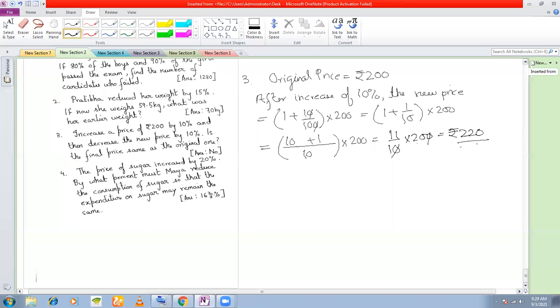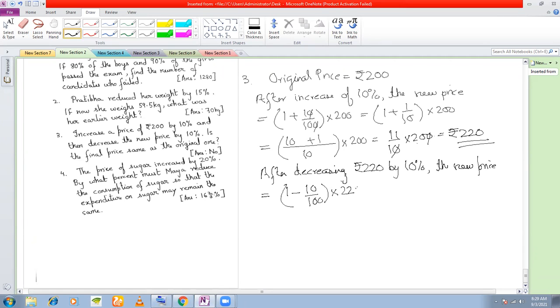Now what happens is that this price 220 we are decreasing by 10%. Okay, so after decreasing rupees 220 by 10%, what is the new price here? 1 minus 10 by 100 into 220.